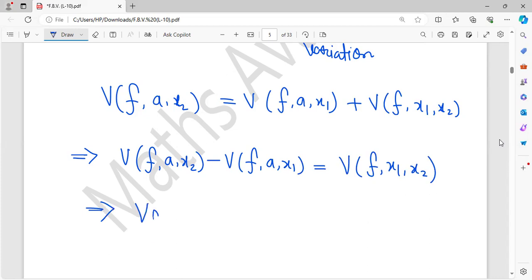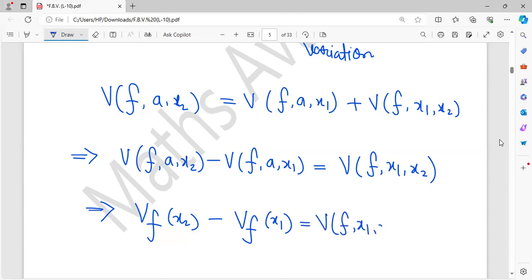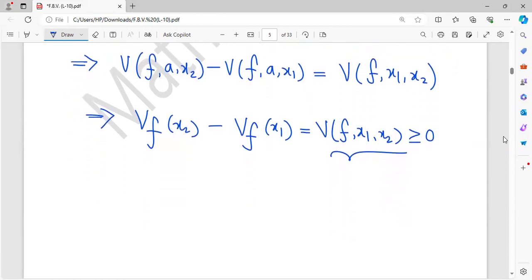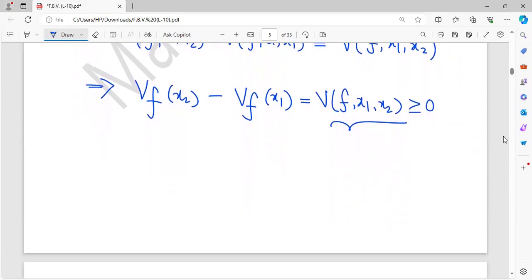What is this? I can write it V_f(x2) minus V_f(x1), that is equal to V_f[x1, x2], and we know that variation is always non-negative. So this is non-negative. So this implies V_f(x2) minus V_f(x1) is greater than or equal to 0.